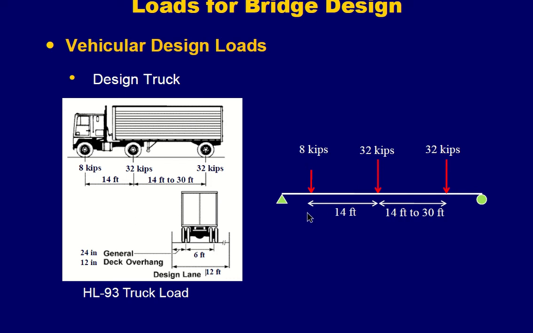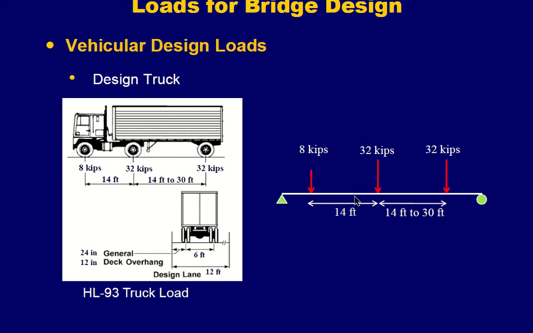Coming to the simplified form, for example, if this is a girder of a bridge and the truck is moving along its length, entering from this side, and right here a complete truck is on the girder.